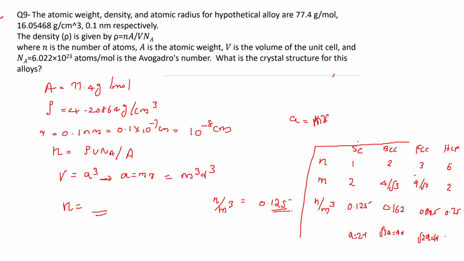Here A is equal to 2 by 6R. So this is the relation. You should remember the number of atoms and the relation between them. Then you can easily find the solution.